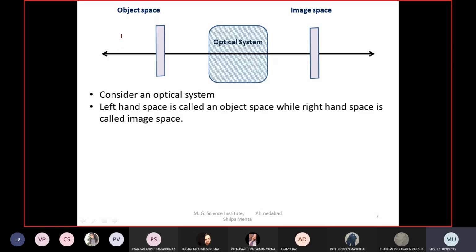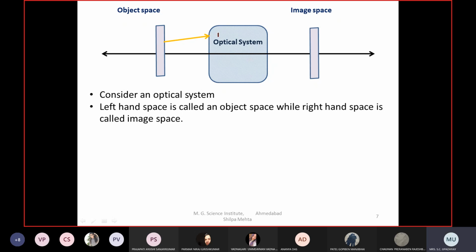Suppose we consider one point only, one single ray. That ray started from the object, crossed the plane at this height, and was incident on the optical system.